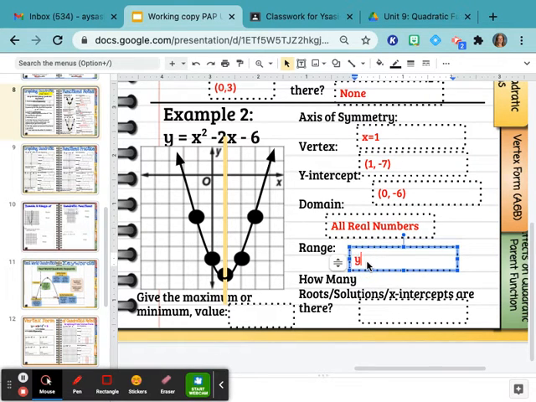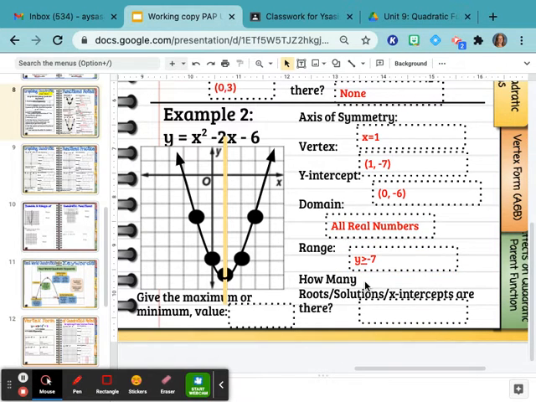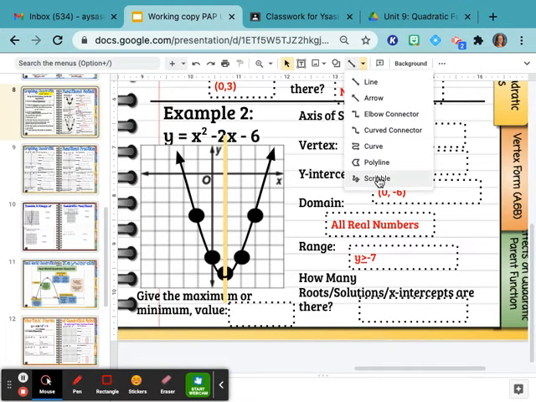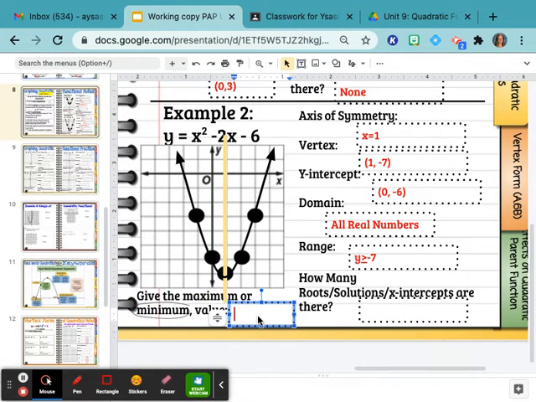So y has to be greater than or equal to -7. I'm going to underline it. Okay, give the maximum or minimum. What do we have? It's a minimum, so I'm going to circle it. It's going to be, yeah, the value is -7.